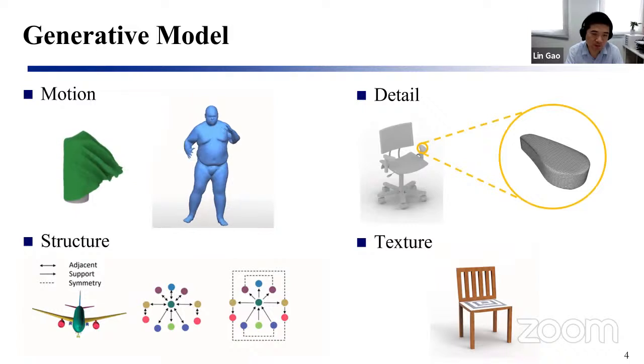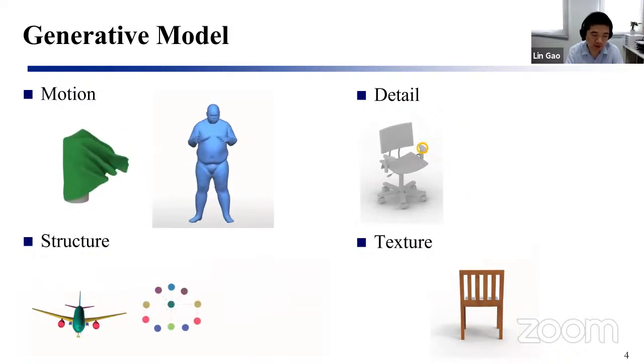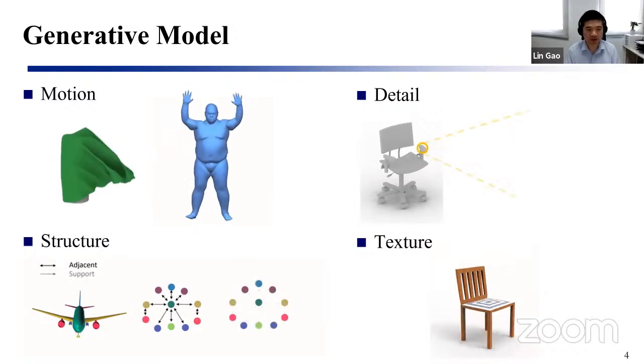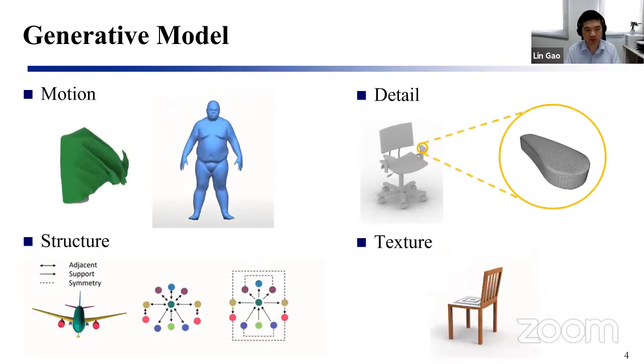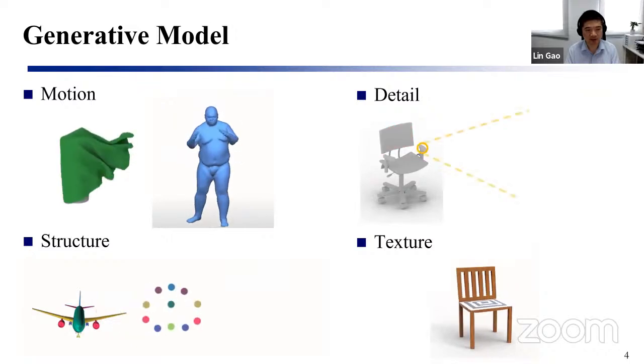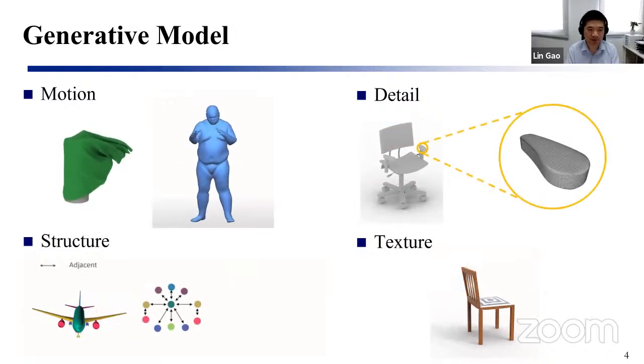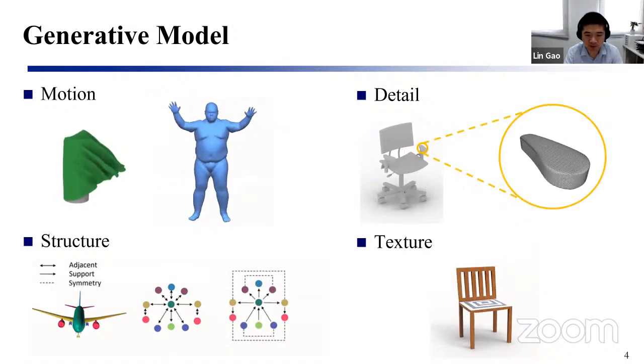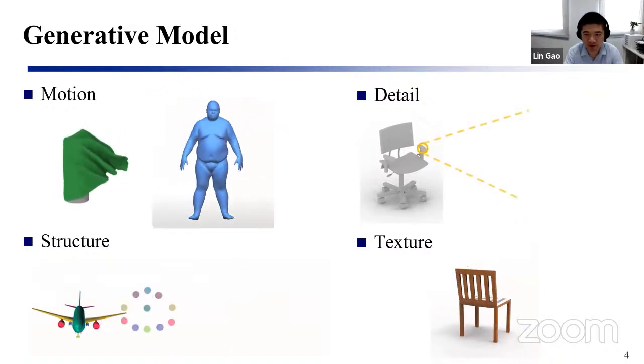Compared with images, another property of the 3D model is the structure. The structure is usually also very complex and not easy for learning methods to handle. Besides this, another thing that is quite important for visual quality is the texture.